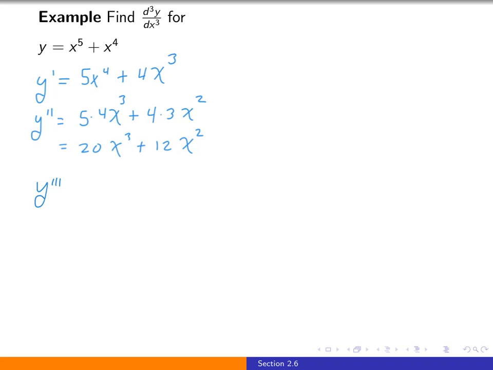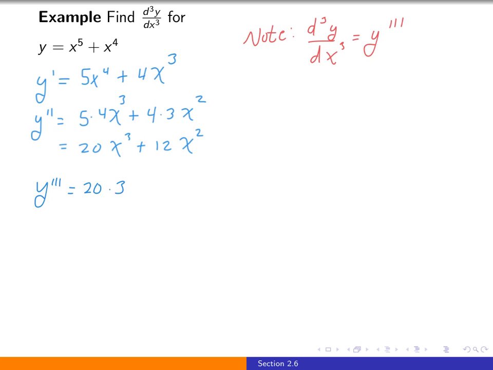And just an observation to note in terms of notation, when we say d cubed y dx cubed, this is the third derivative of y. So equivalently, we can use the prime notation, f triple prime. So for f triple prime, we differentiate the second derivative. So we have 20 times the derivative of x cubed.